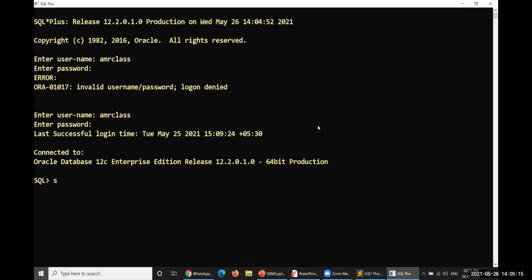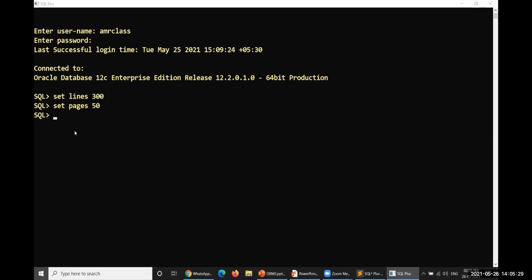You can set the line size to 300 and the page size to 50. Let us set this first because it is an MS-DOS based application, so we make the necessary arrangements here.